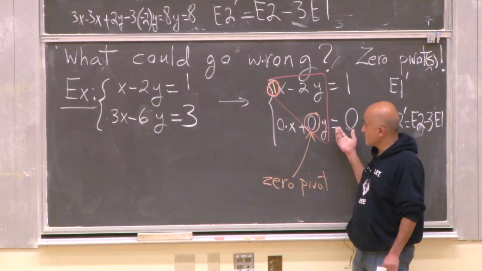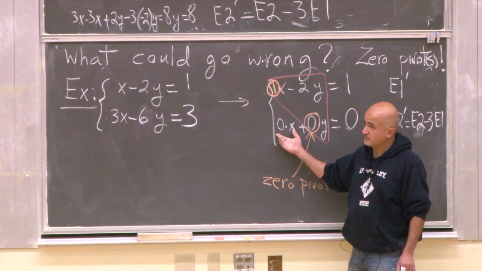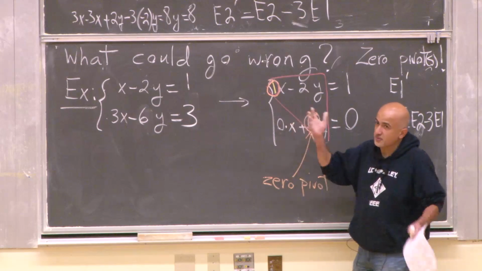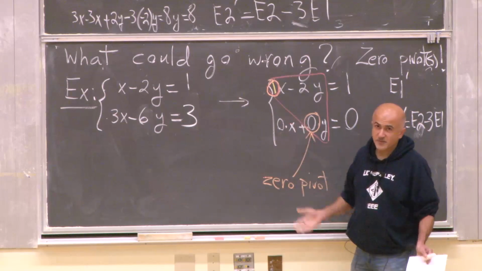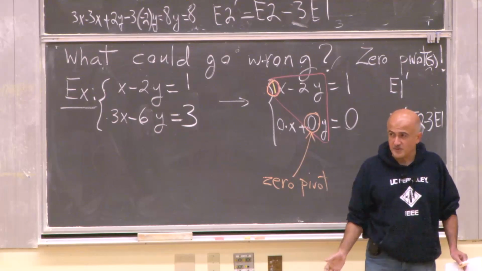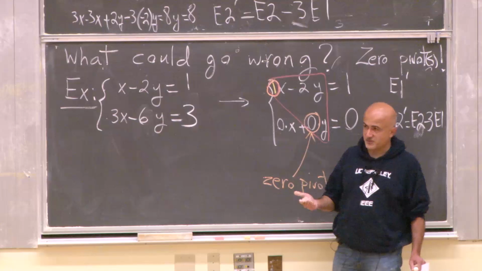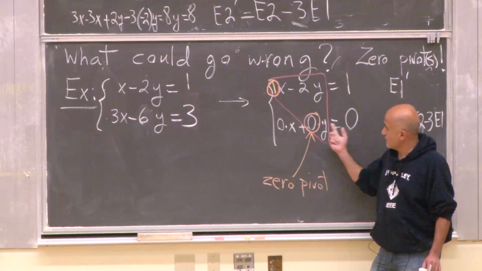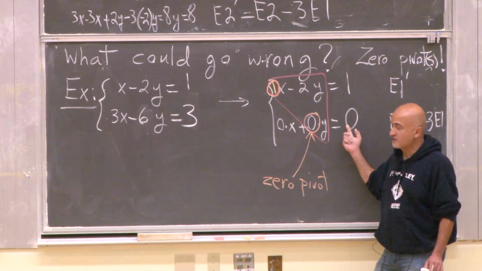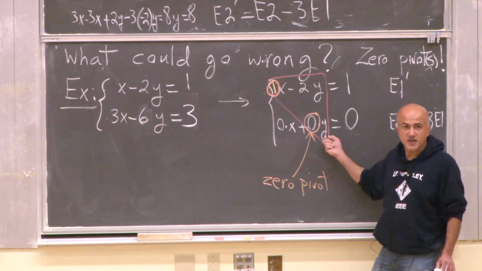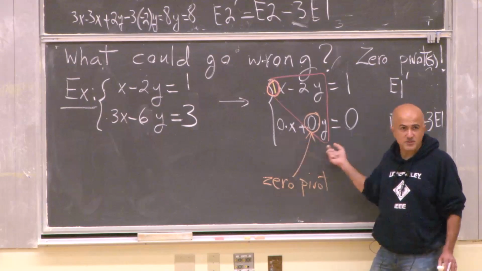Am I not getting any solutions, or am I getting an infinity of solutions? Those are the two pathological cases. When things go wrong, when a pivot is 0, you either have a no solution case or an infinity of solutions. So, infinity of solutions. No matter what I plug in for x and y, the second equation is going to be satisfied.